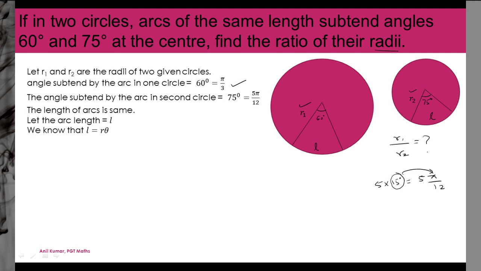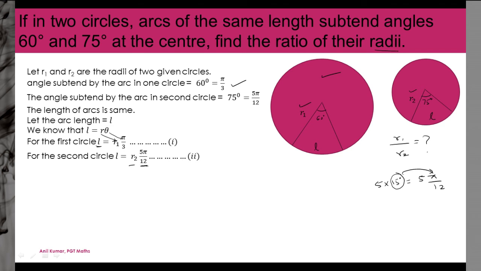Now in the first circle, R is equal to R1 and theta is pi by 3. So R1 into pi by 3 will be the arc length. L will be equal to R1 into pi by 3. In the second circle, R2 into the angle, that is 5 pi by 12, R into theta. So from 1 and 2, the arc lengths are equal, this is L, this is also L, so these two will be equal.